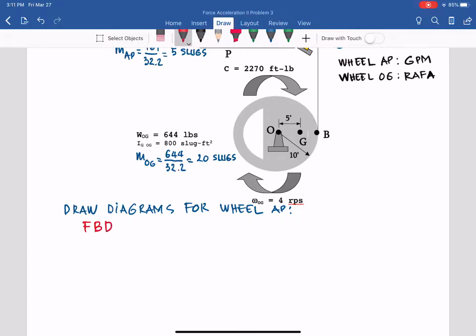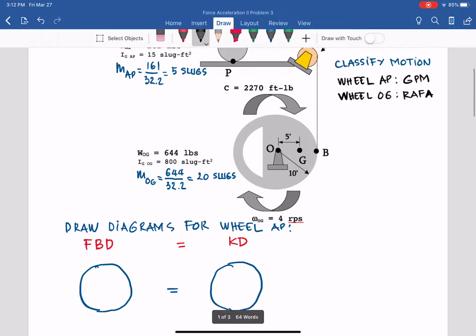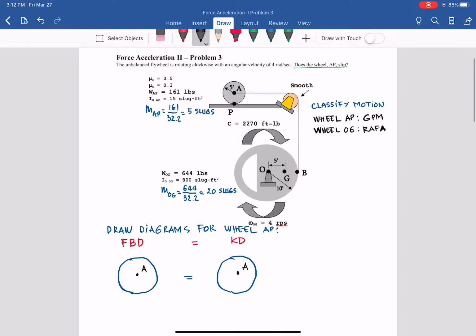Let's draw that wheel and make them equal, and we have a surface, not inclined, the horizontal surface for AP. We have point A there, and since this is a balanced wheel, A is actually the center of mass for this body.